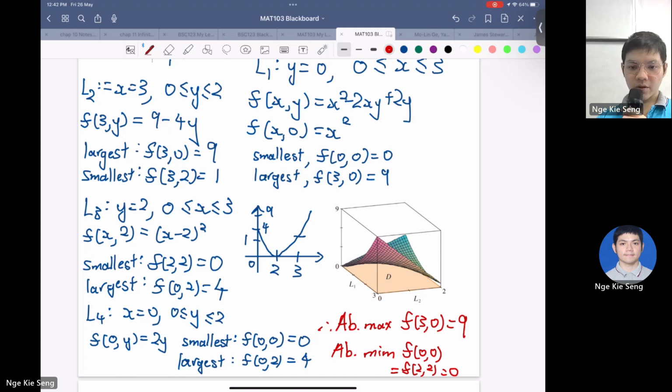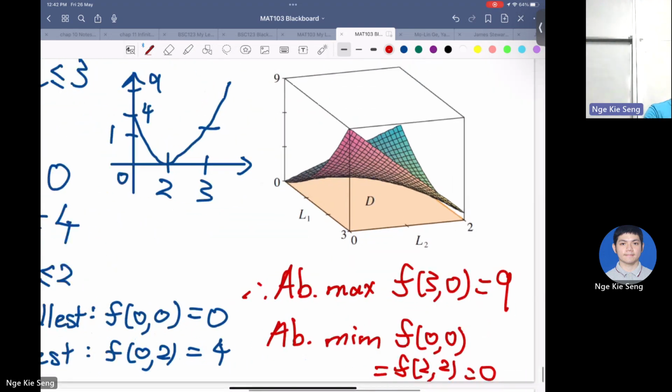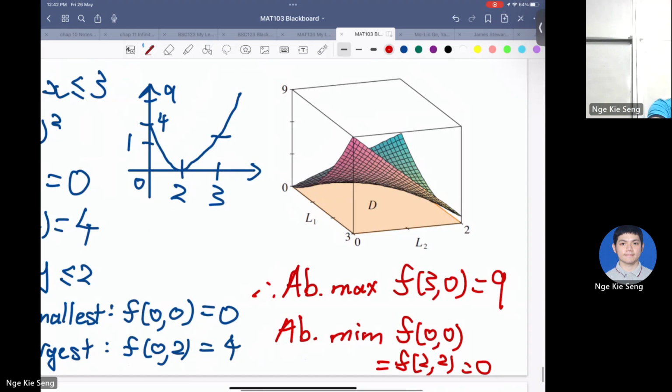Okay, so let me see if there's anything helpful to see here. Can you see from the diagram here about the maximum and minimum? Let me point out the point.